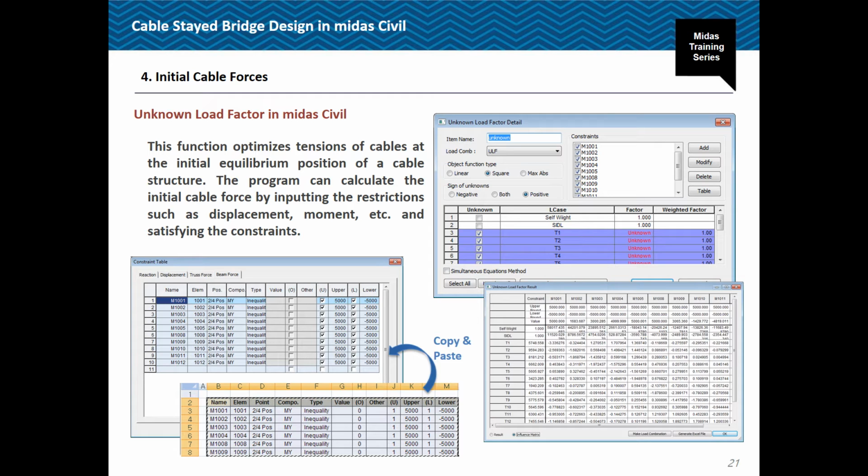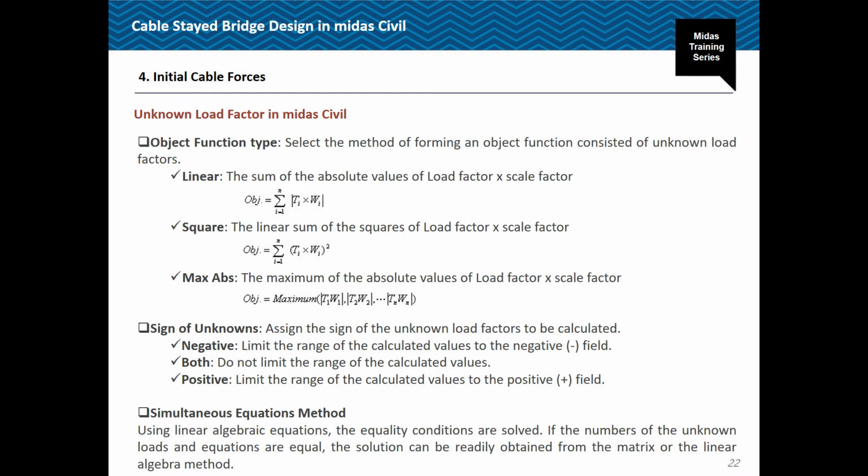In Midas Civil, there is a very handy tool called unknown load factor, which is a function that optimizes the tension in the cables at the initial equilibrium position, which allows you to determine the optimized arrangement of forces in the cables based on some constraints, which can be displacement, moments, reactions for beam, for nodes, for trusses. The options available to run the optimization are linear, square, or maximum absolute.